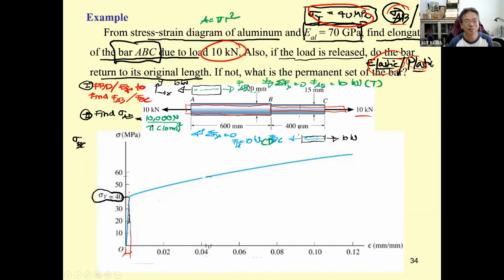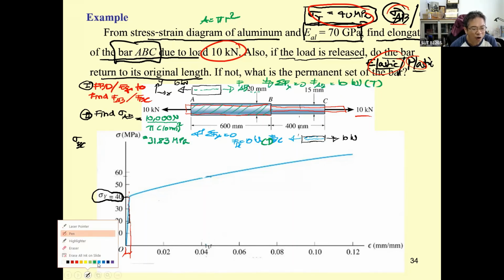So it's going to be 100 divided by pi, and you get 31.83 megapascal. That's the stress occurring in this portion.